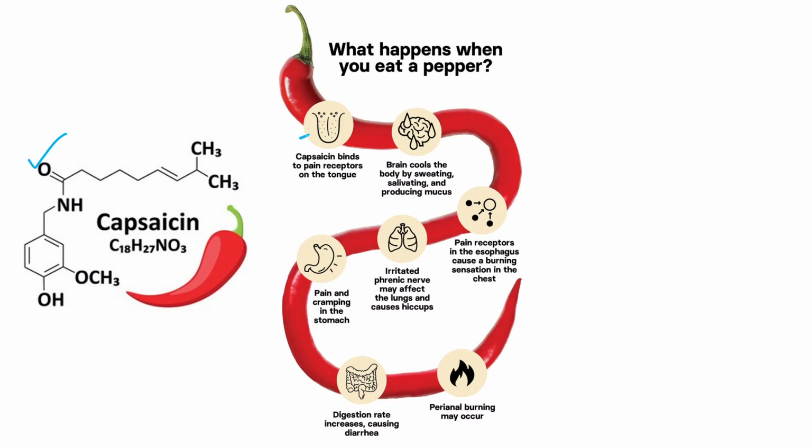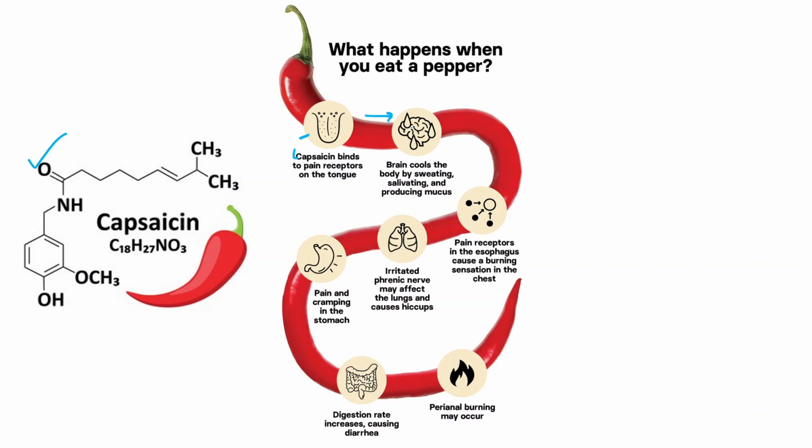So this compound capsaicin which is present is going to bind to the pain receptors on the tongue, the nociceptors. When it binds to the pain receptors, you are going to experience that it's hot, it's chilly.